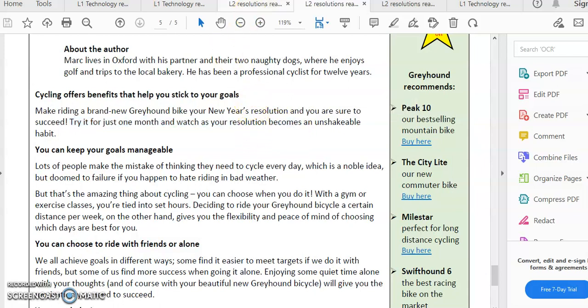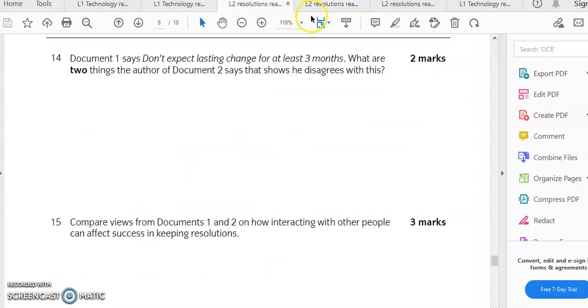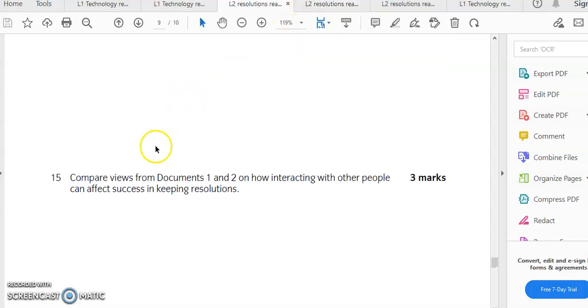So that's one piece of evidence we can say straight off the bat backs up the idea that the author of document 2 disagrees. That the author of document 2 believes change can occur in less than 3 months, and we're looking for references to time here.